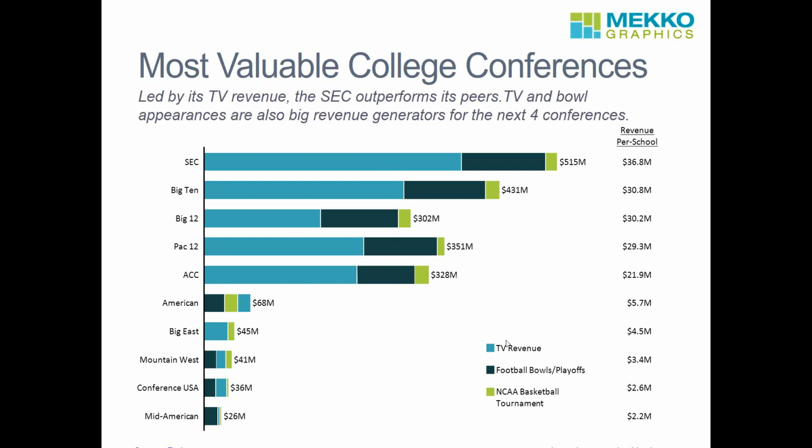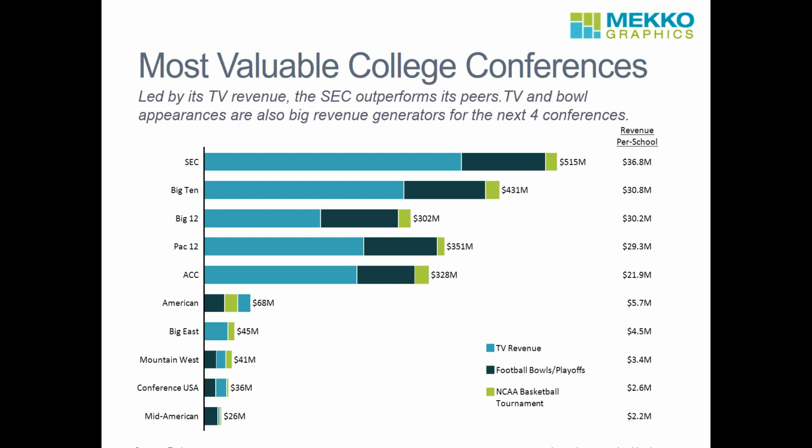And you can also see by looking at the stacked bar that TV revenue is the biggest driver in all of those conferences. You'll notice that I ordered each bar so that the biggest revenue stream was at the bottom of the bar, and I sorted the bars from top to bottom based on revenue per school.